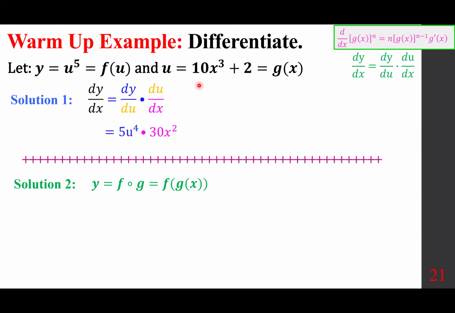That is 10 times 3, x to the power of 3 minus 1. And now if I replace the u with 10x cubed plus 2, with 30x squared next to it, putting them together, if you multiply these two and put them in front, you get 150x squared times (10x cubed plus 2) to the power of 4.